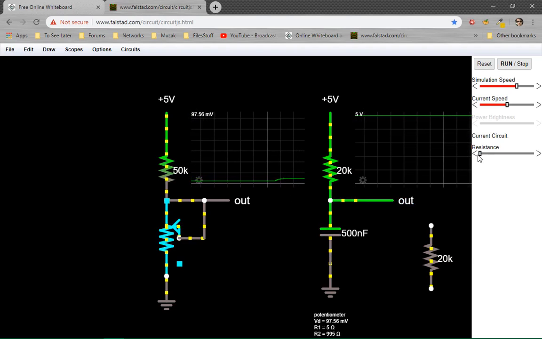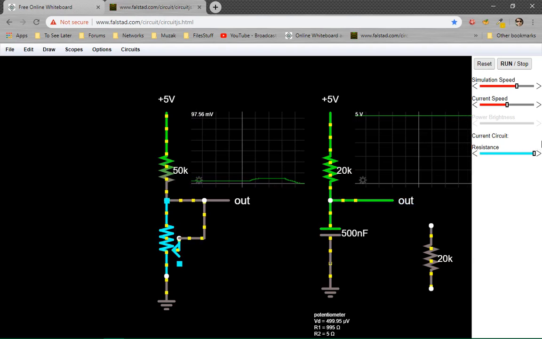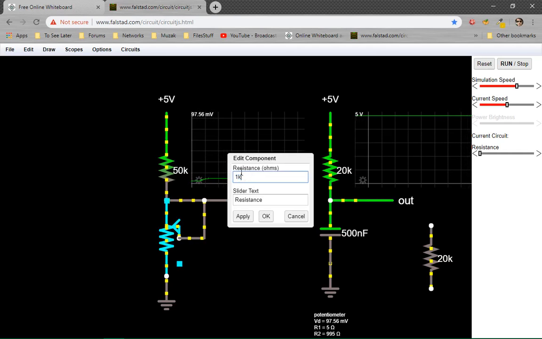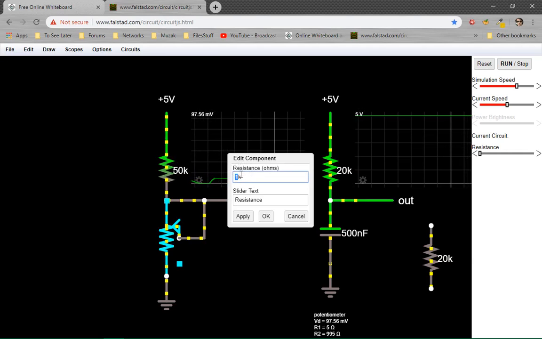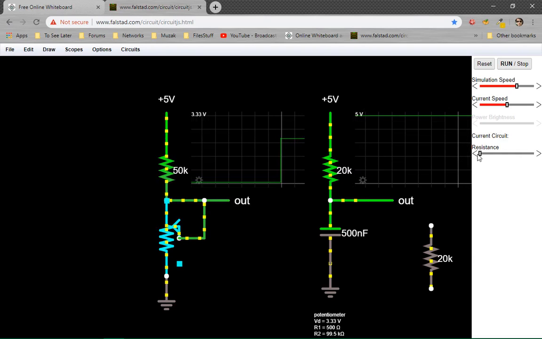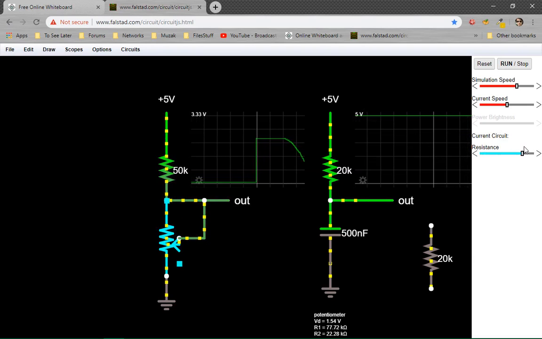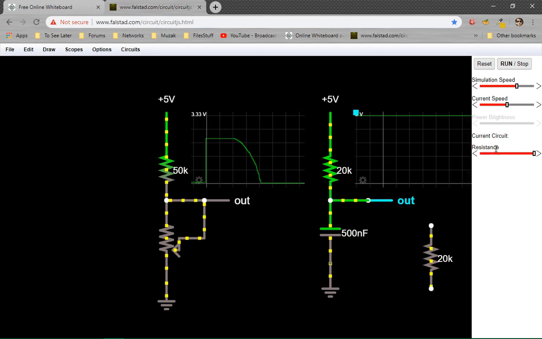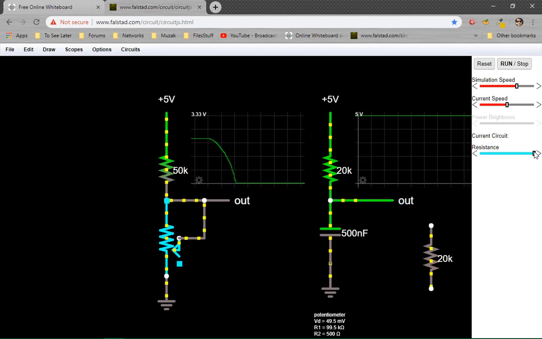Let's see if we can get it to work. Well, it's a really low current. Let's put in a higher resistance, I mean, so we are closer to the 5 volts. There you go. So as you can see, it looks like what the inductor is doing, kind of. Well, in a weird way.